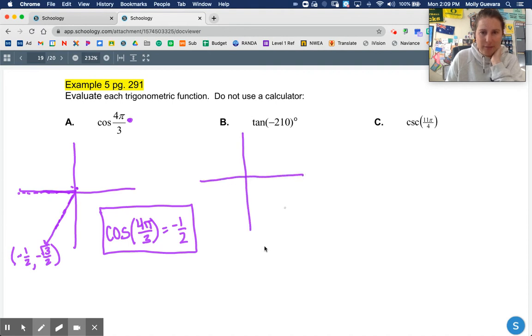The next one, tangent of negative 210. Well, remember this is negative 180, right? So negative 210 is going to be here. And I'm interested in the reference angle. I know that this is 210, which tells me that this is 30 degrees. Since that's 30 degrees, I now know that this is 5 pi over 6.